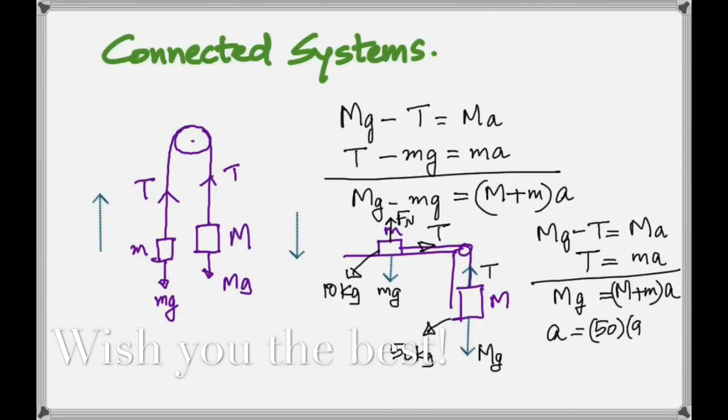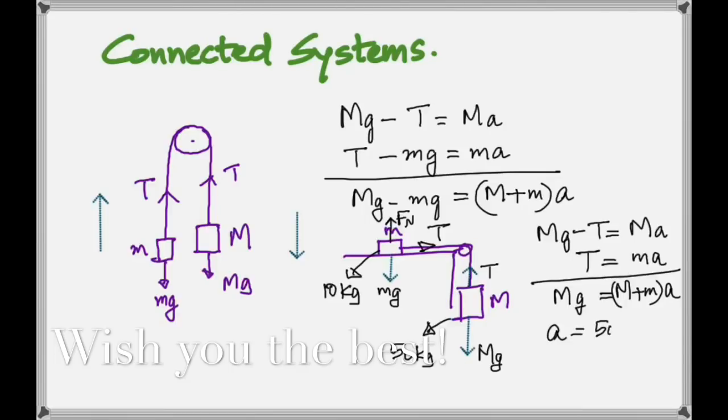So here are some numbers. Find the acceleration. The bigger mass is 50 kilogram, the smaller mass is 10 kilogram. Find the acceleration, and find the tension in the string.